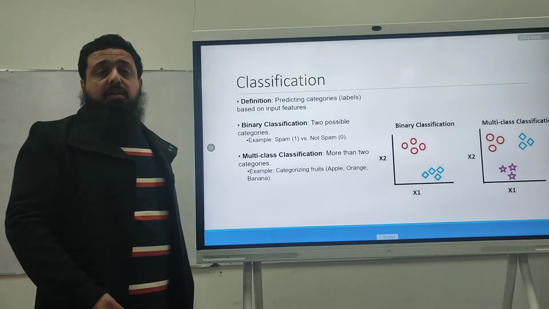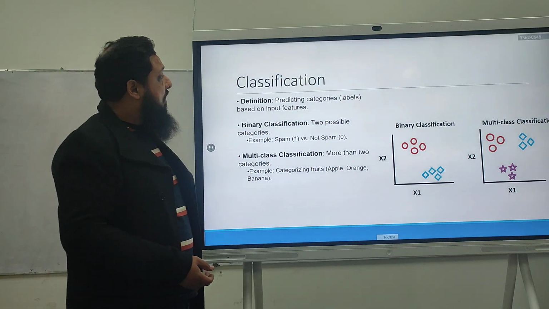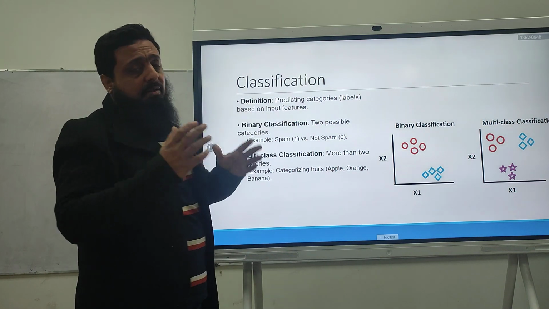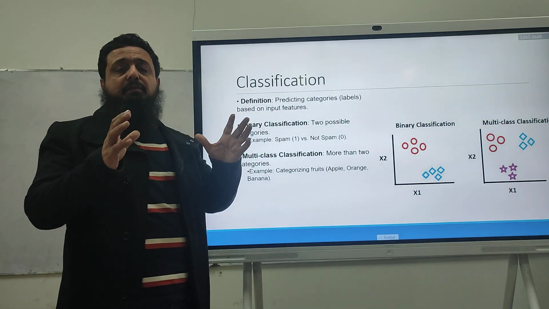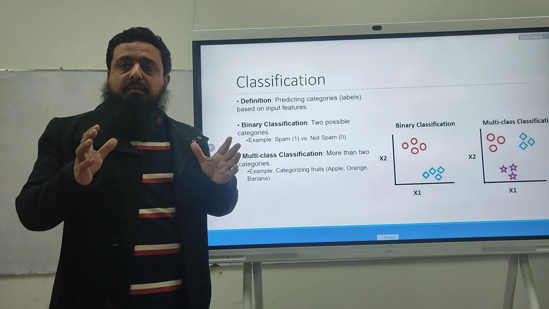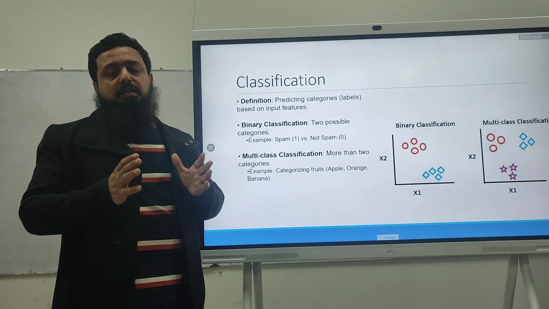Now we look at a specific type of supervised learning, which is called classification. What happens here is that we have to divide our data or categorize our data into groups. For that purpose, we use classification.